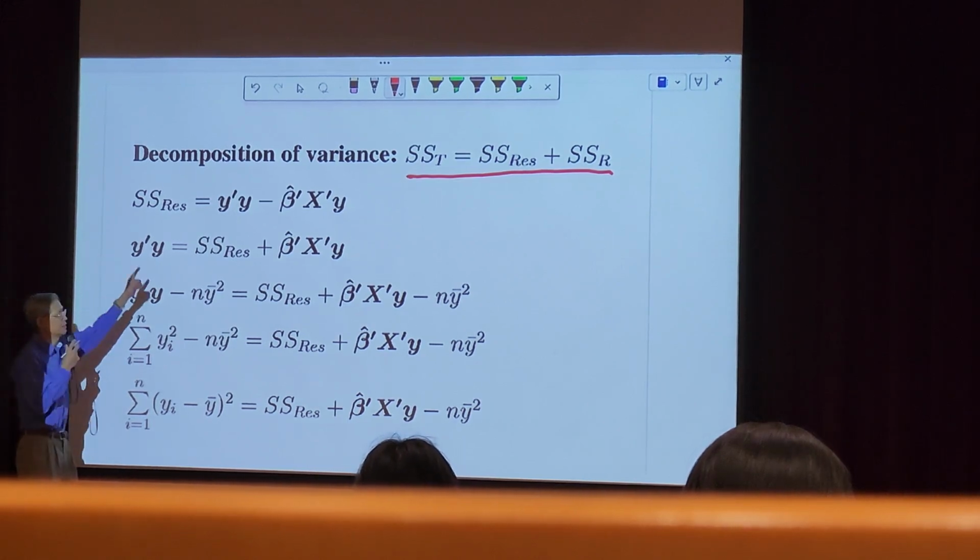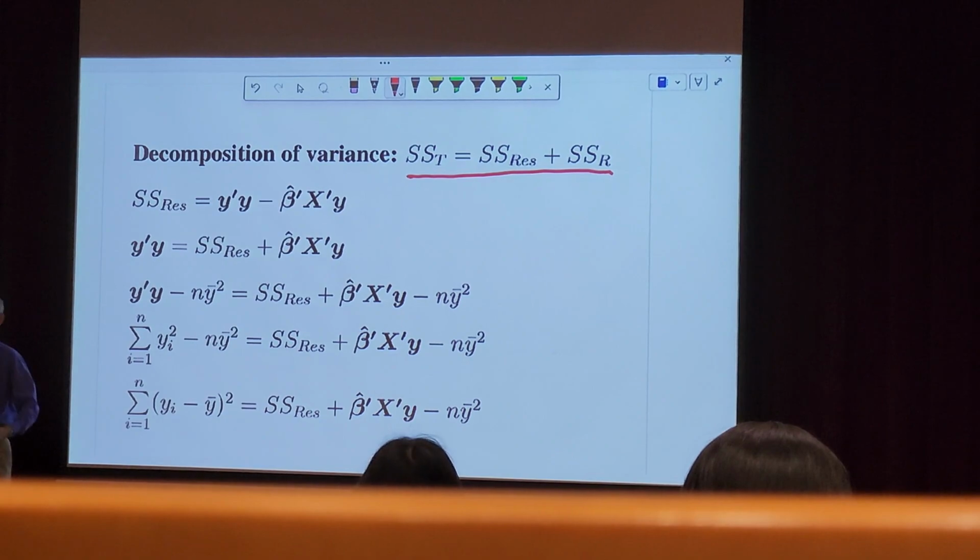So the first one, what I did in the last section, chapter 15, we found that SS residue can be written as y prime y, that is y transpose y, minus beta hat transpose X transpose y. So that's what we got.